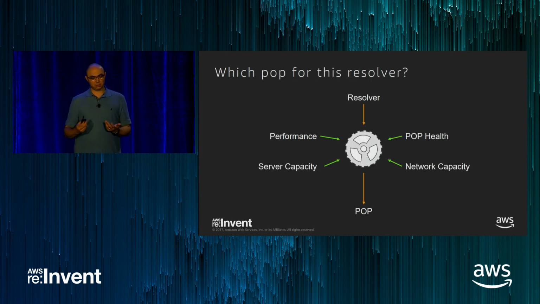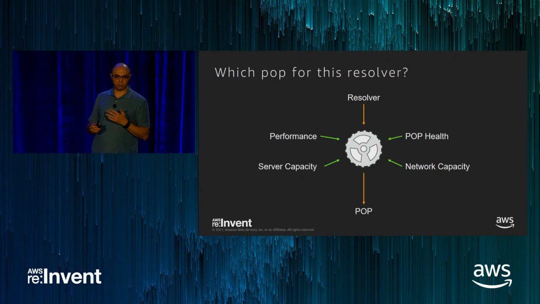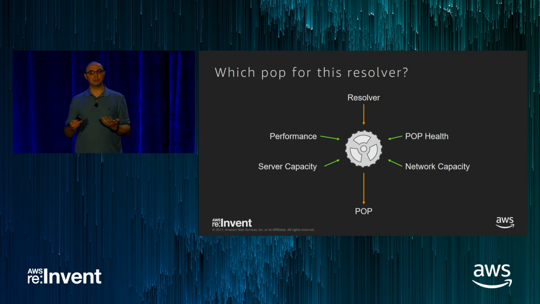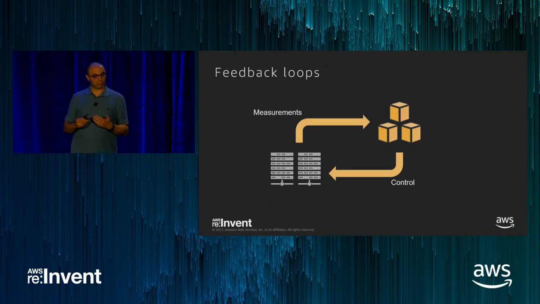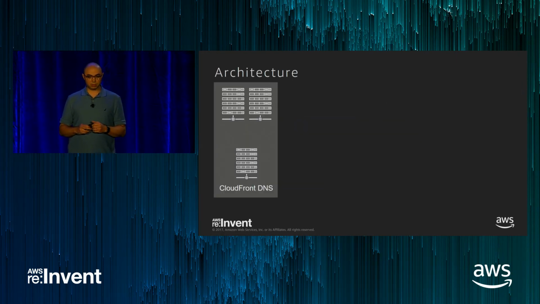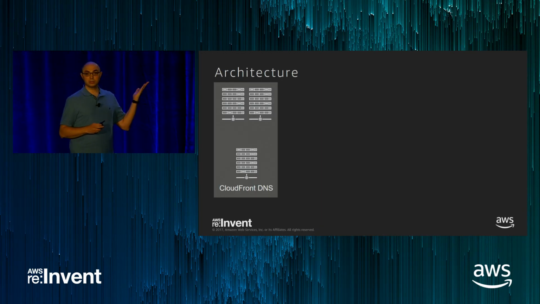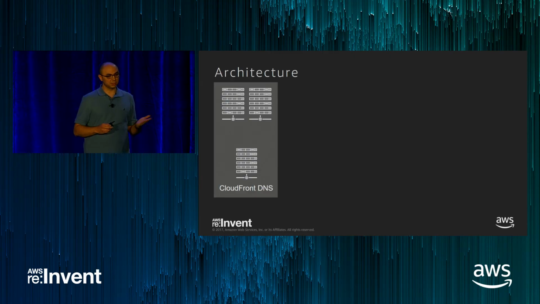So how is that all put together? So we have the input resolver. We have all these auxiliary inputs: performance, server capacity, POP health, network capacity, and we have to decide which POP. And I told you you're going to be using feedback loops to do that. So putting it all together, we have the CloudFront POP, which, by the way, also hosts our CloudFront DNS service.